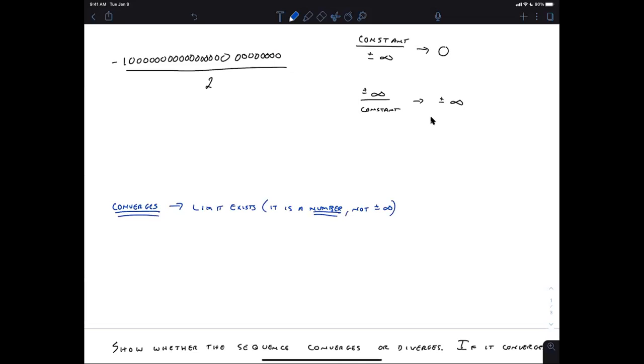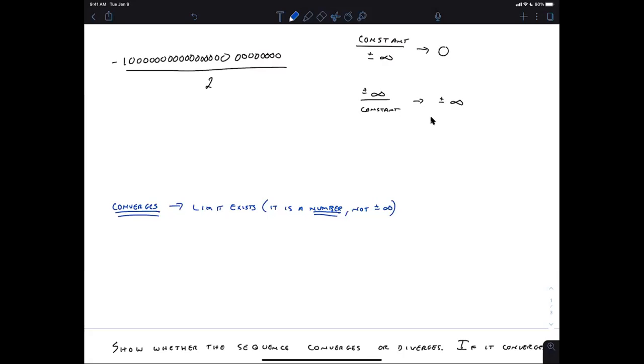Okay, so the limit is a number. It could be 0. A lot of times it is. Doesn't have to be 0, but it approaches some number. It does not approach infinity. It does not approach negative infinity. And it doesn't just not exist. So it doesn't bounce between 1 and -1 like we were doing yesterday.